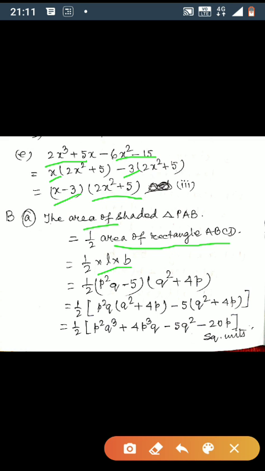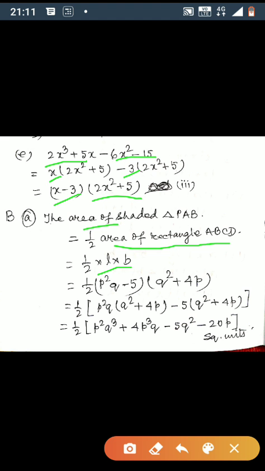So it is 1/2 into (p²q − 5)(q² + 4p). Length is given as p²q − 5 and breadth is given as q² + 4p². Now multiply it, you will get 1/2 (p²q³ + 4p³q − 5q² − 5 × 4 = 20p²) square units.